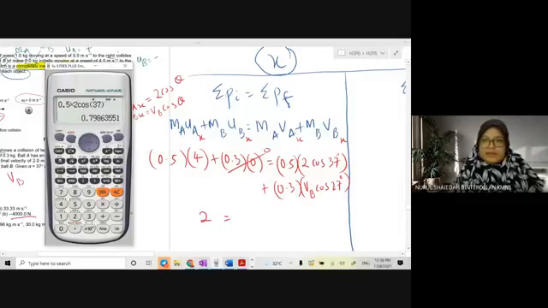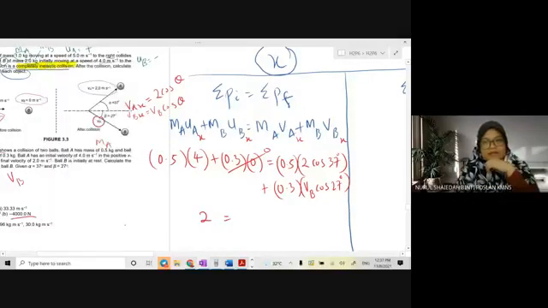Yang ini dapat ni, bawa ke sana. 2 minus answer, so saya dapat ni. Divide by 0.3. Lepas tu VB bahagi lagi dengan cos 27. So saya akan dapat 4.49. So VB is 4.49 ms negative 1.